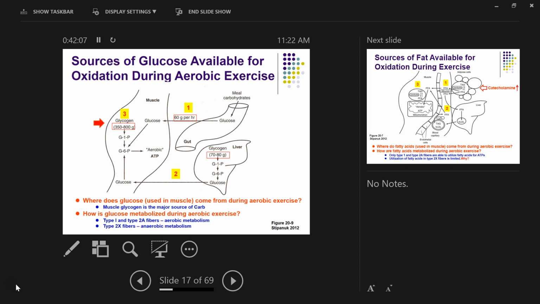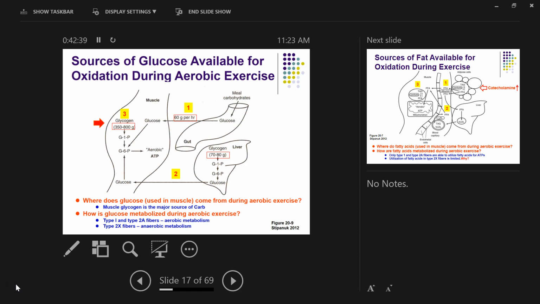So again, I want to mention that muscle glycogen is a major source of glucose for ATP production in the muscle during exercise, right? If you compare how much glucose is contributed from muscle, diet, and the liver, you can see that muscle usually has 350 to 800 grams of glycogen stored.